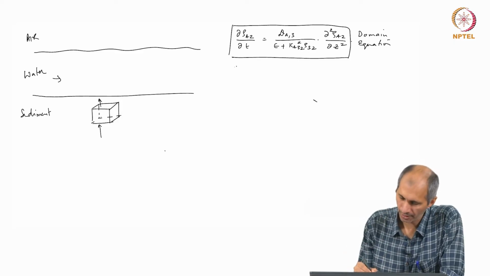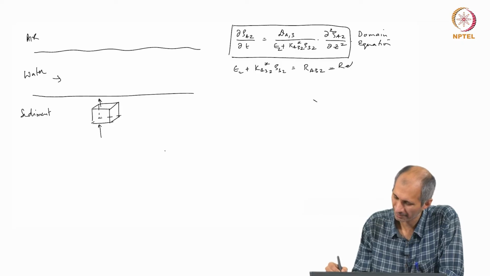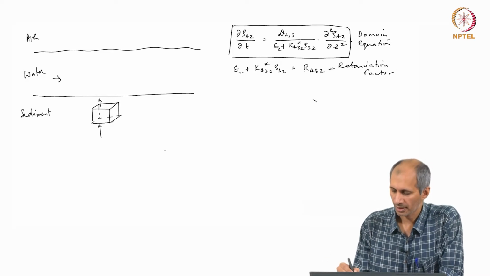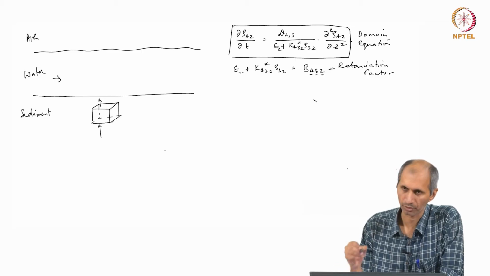So this term here, epsilon 2 plus K32 star rho 32, is called the retardation factor. So we defined it as RA32, the retardation factor, so this is the retardation of A between 3 and 2.